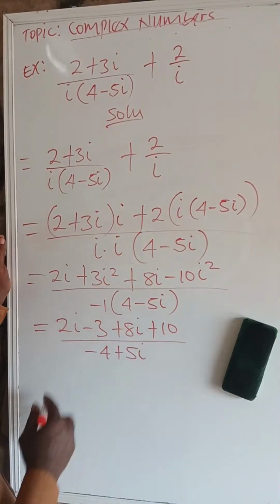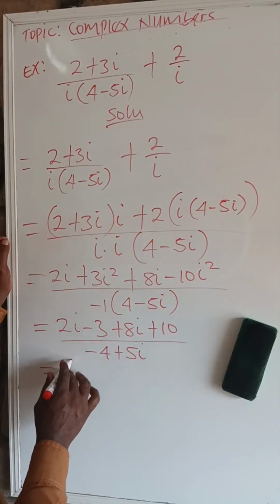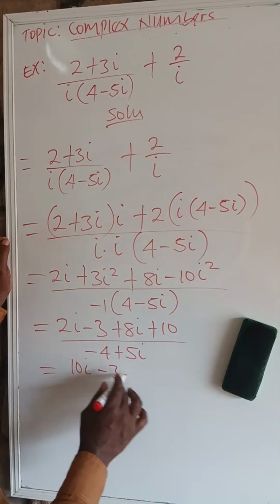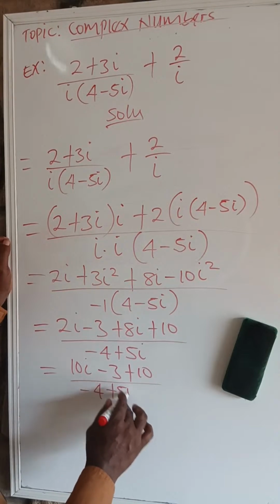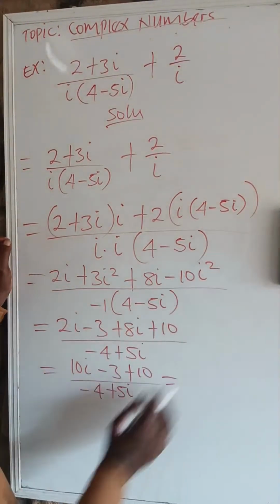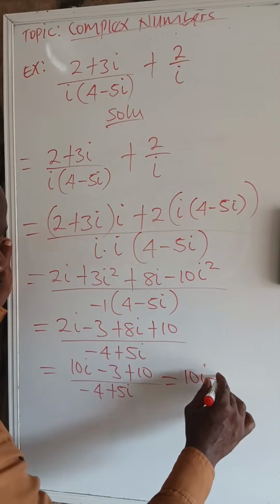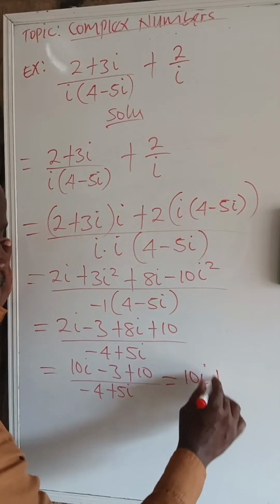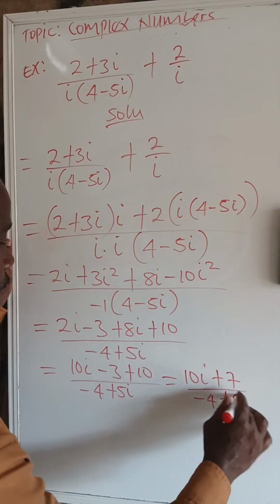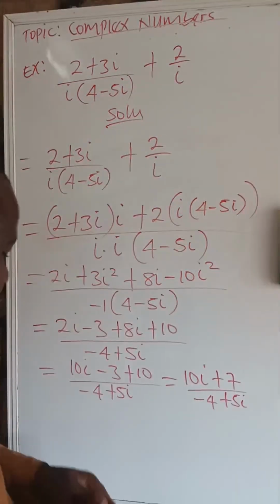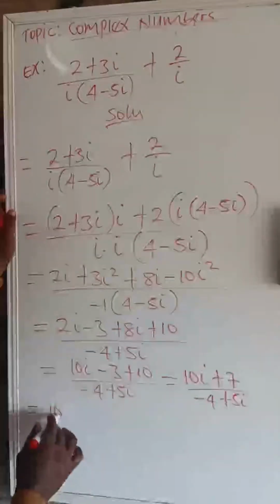We collect like terms. Look at the numerator. 2i plus, here we are going to have 10i, then minus 3 plus 10, all over minus 4 plus 5i. This is equals to what? 10i plus 7 all over minus 4 plus 5i, so we conjugate.